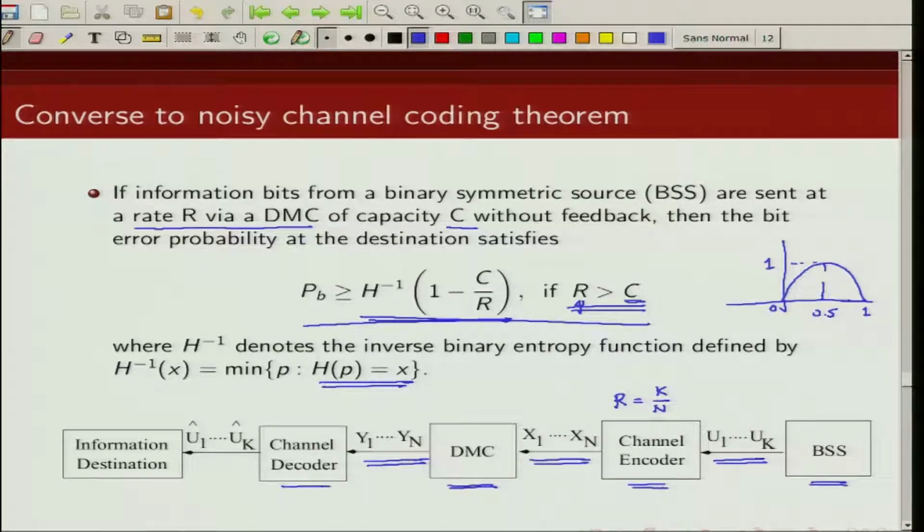Now these are fed to a channel decoder which will try to estimate what were the information bits that were sent. So the channel decoder will try to estimate u1, u2, u3. These estimates I am denoting by u1 hat, u2 hat, uk hat, and this is my sink. Okay. So let us now show that if the transmission rate is above channel capacity, then the probability of error is lower bounded by a non-zero quantity.